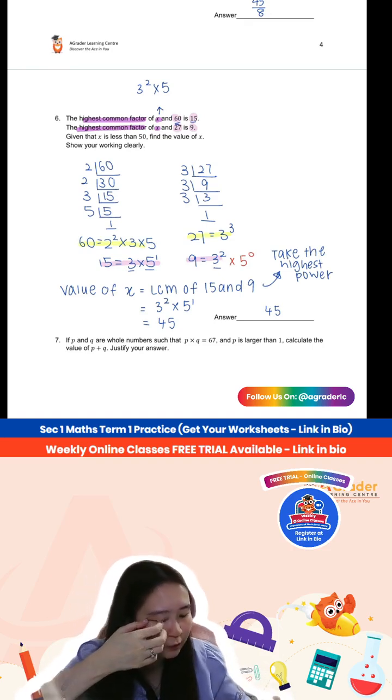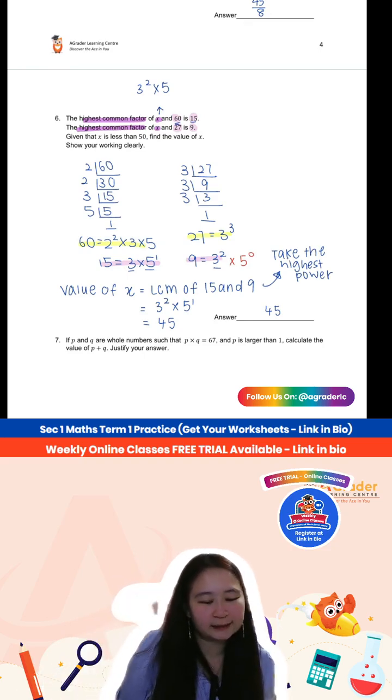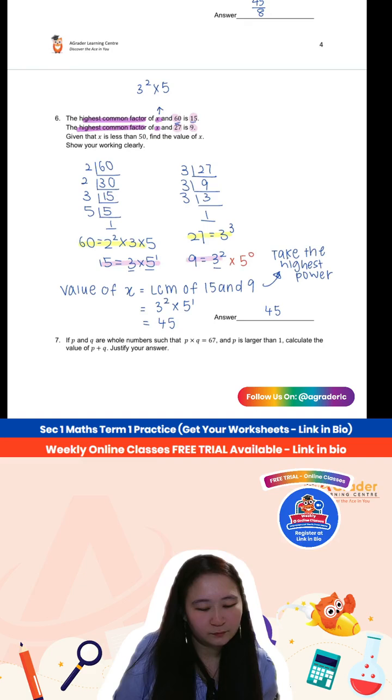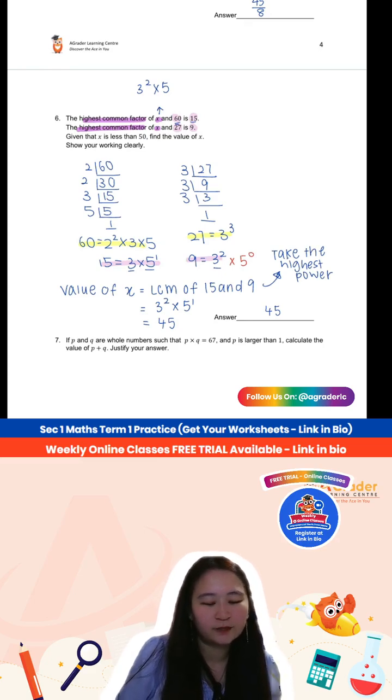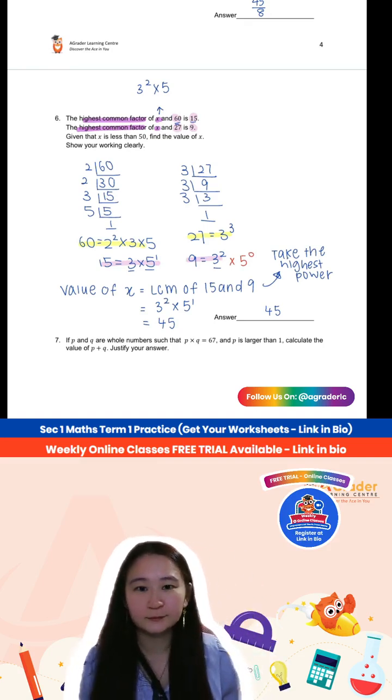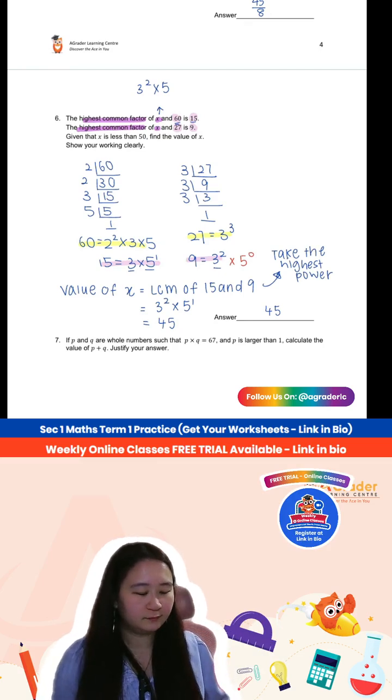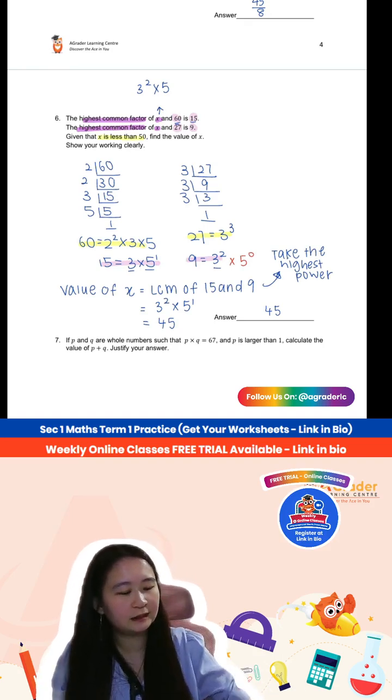So you take the lowest power between x and 60. Do you get just 3 times 5? And same for the highest common factor of x and 27. Do you get 9? If so, then your answer is correct, and x is also less than 50.